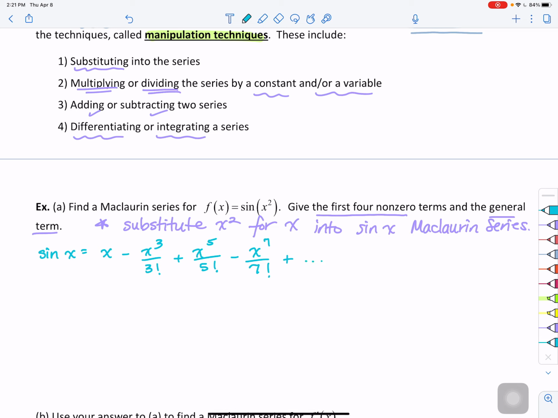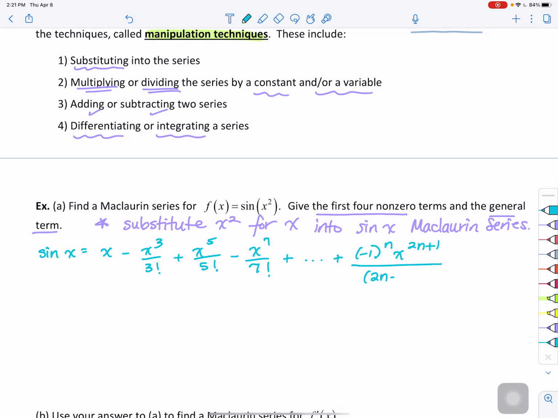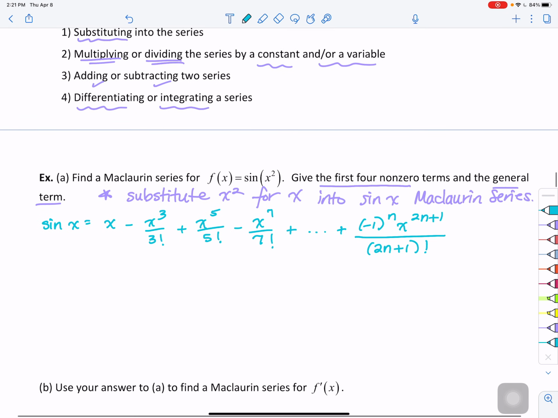And then we might as well just finish that. Plus negative 1 to the nth power x to the 2n plus 1 all over 2n plus 1 factorial. Okay? So what are we going to do? Everywhere there's an x, we're going to put an x squared.